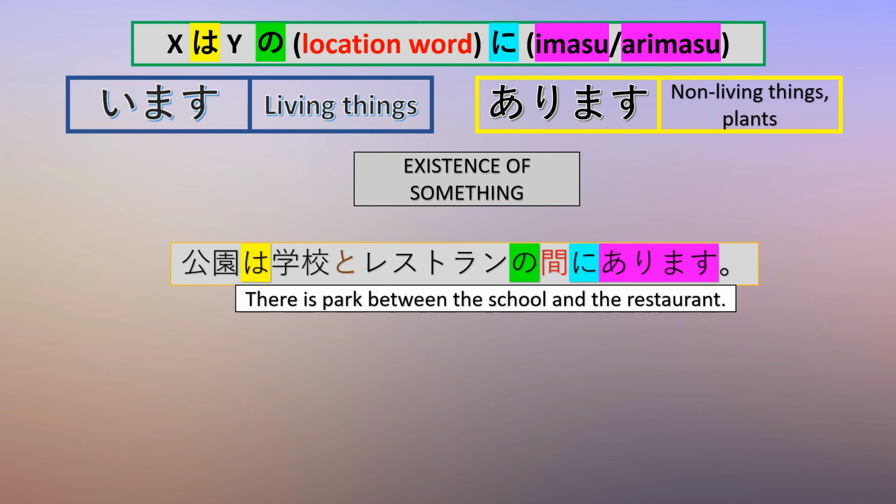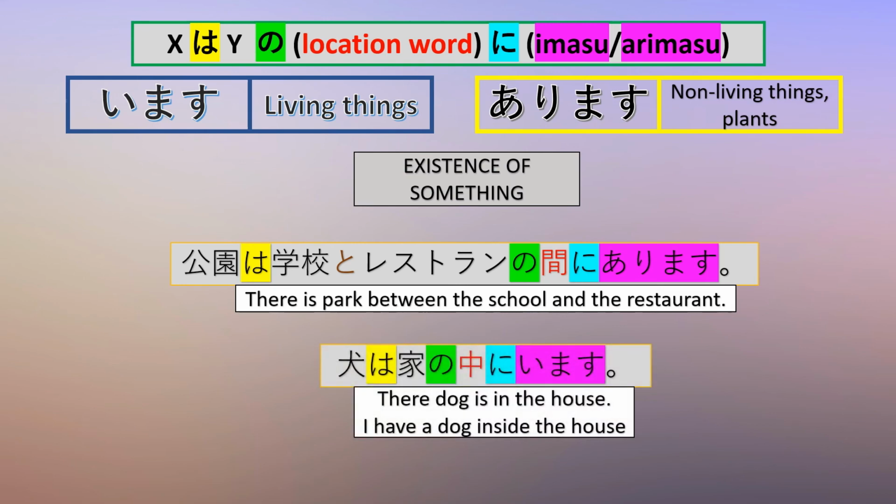Okay, existence of something when we use imasu or arimasu. Next, inu wa ie no naka ni imasu. So here, there is a dog inside the house, or in the house. Or another translation is, I have a dog inside the house. Okay, imasu. So that's the variation.